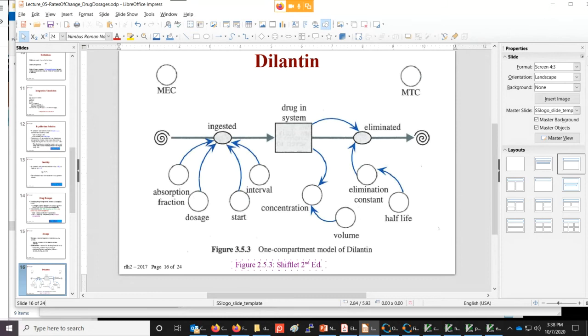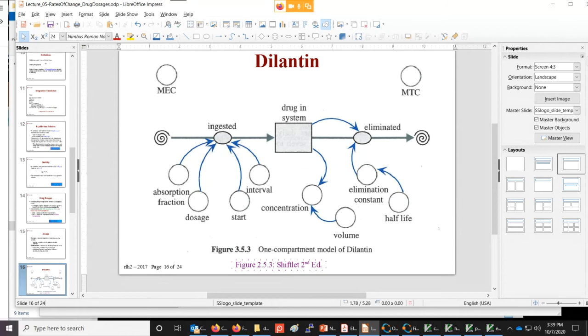So if you get an aspirin, and it says here's this pill, and it's 100 milligrams of whatever the fancy drug name for aspirin is, your dosage is 100 milligrams. But the fact is that you don't actually absorb all of that. Some of it just goes right through your system and isn't absorbed into the blood to begin with, so it never makes it to the liver because it never made it into your bloodstream.